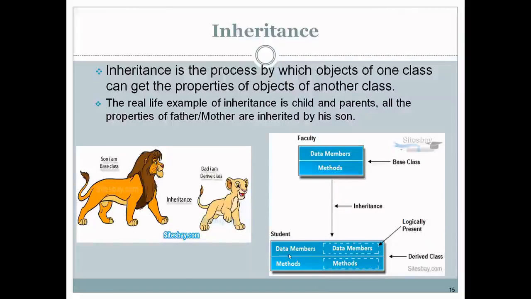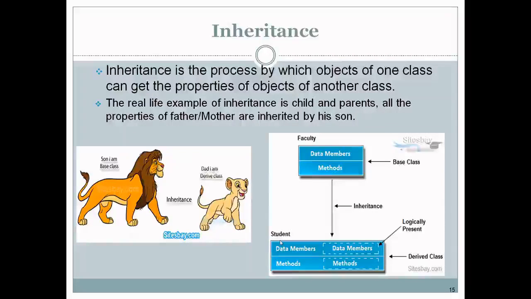The properties may again be a name, address, date of birth, mobile number. If you look at the properties of student, you will find that student also has similar properties to a faculty. And the same, similar properties of faculty are again declared in the student class.